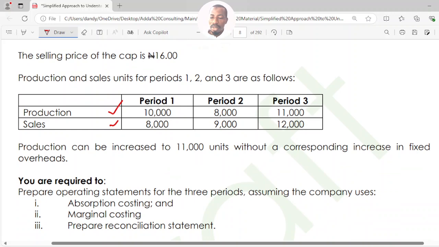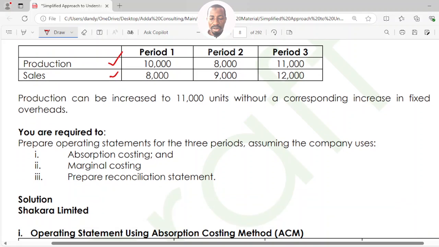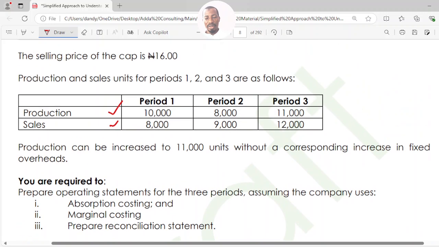We are now asked to prepare operating statements for the 3 periods, assuming the company uses absorption costing and marginal costing. Then 3, prepare a reconciliation statement. So that is the question.